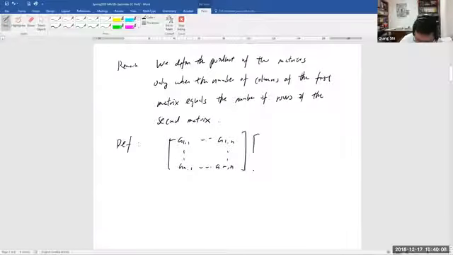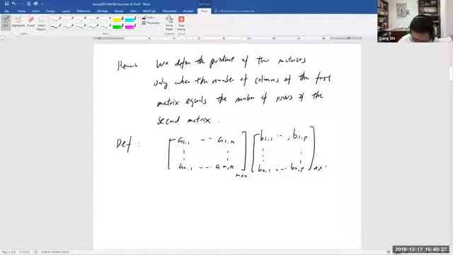Then we define this M by N matrix times B11 up to B1P, down to BN1 up to BNP.